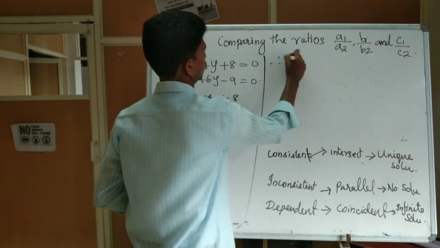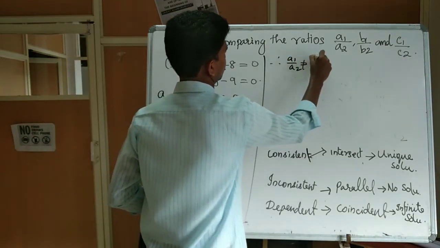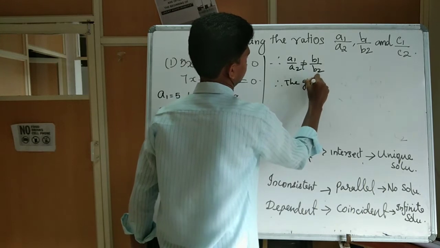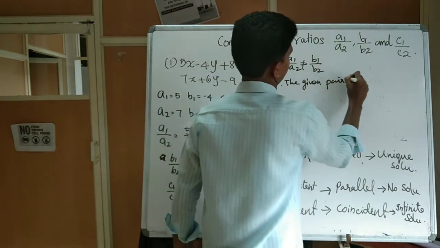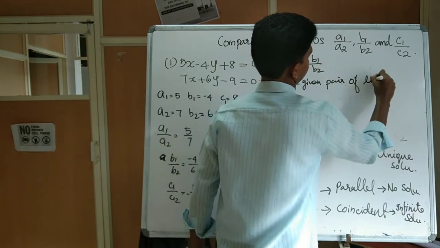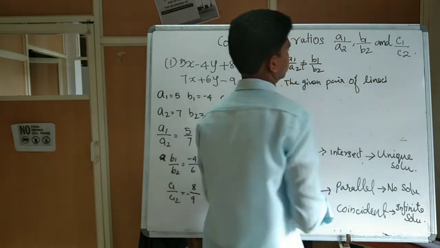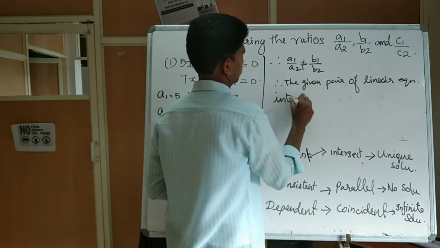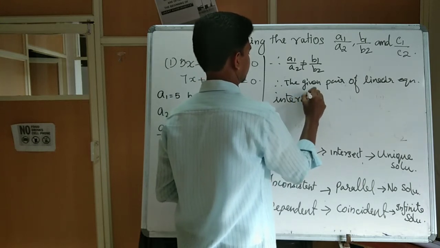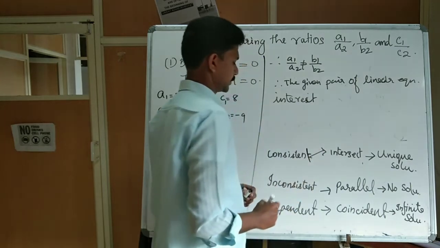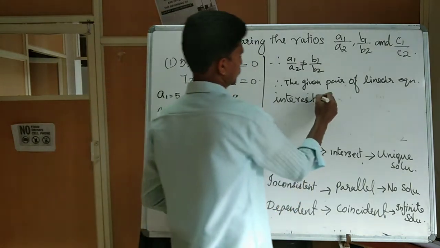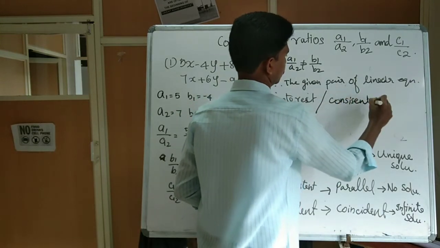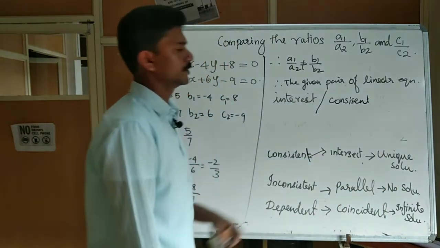Therefore we can say that the given pair of linear equation intersect. Also we can say it is a consistent pair of linear equation. It has a unique solution.